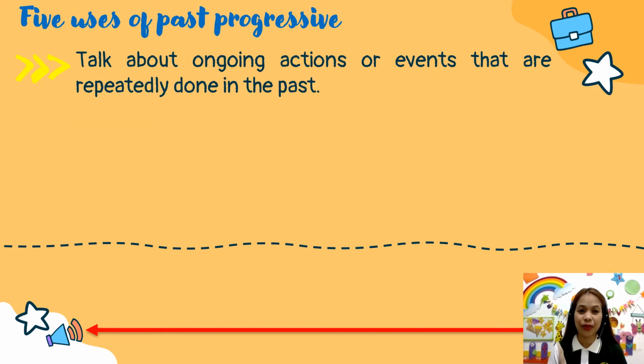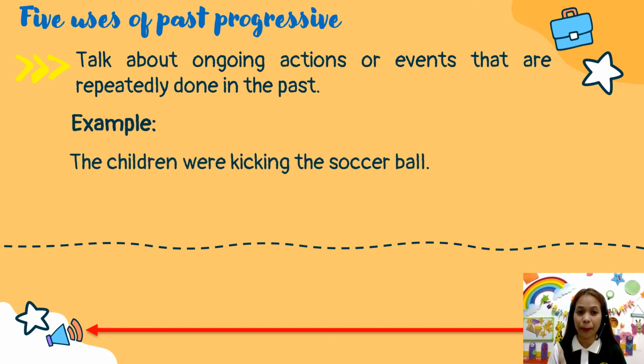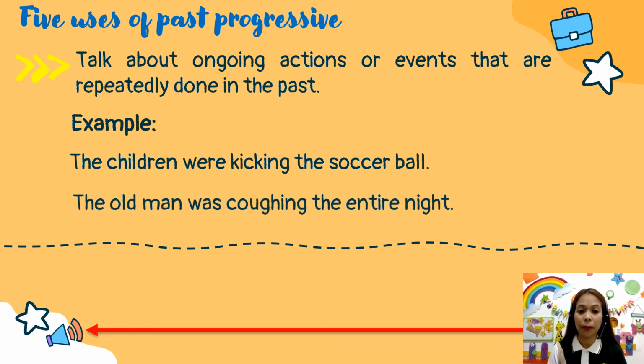Alright, let's go to the next one, to talk about ongoing actions or events that are repeatedly done in the past. For example, the children were kicking the soccer ball. The old man was coughing the entire night. Were kicking and was coughing are both in past progressive tense. In the first example, the children were kicking the ball repeatedly during that exact time.